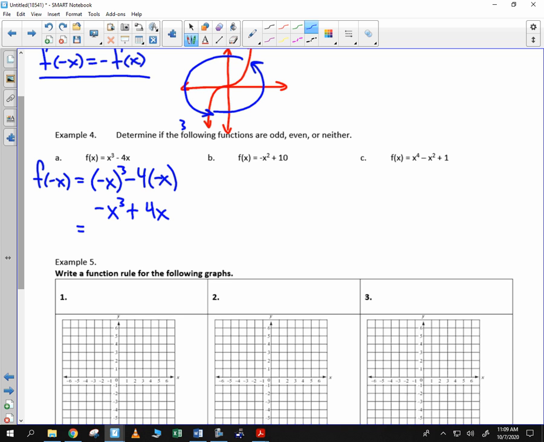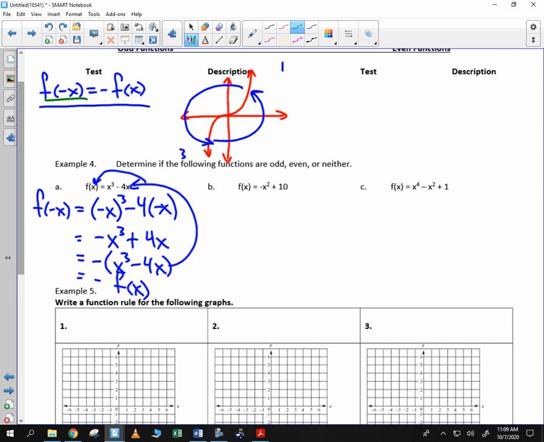No. But if we factor out a negative, we get positive x cubed minus 4x. Notice this thing right here, that is f of x. So you've come up with negative f of x. And that's our definition. F of negative x is negative f of x. And so we've shown that to be true.